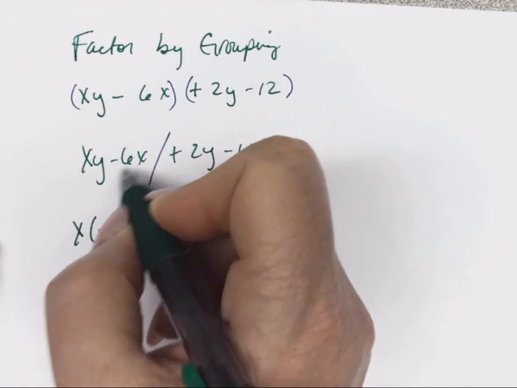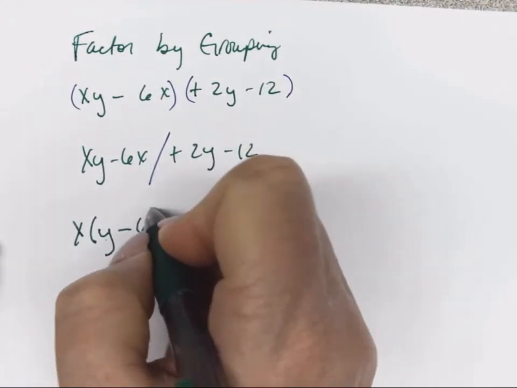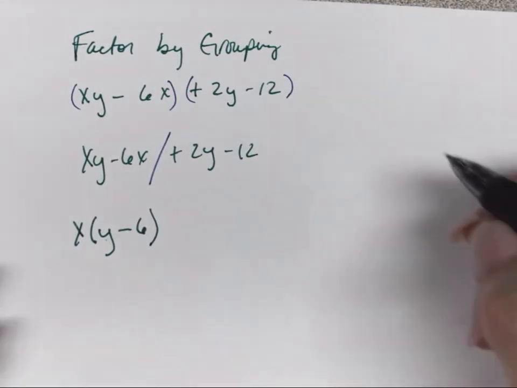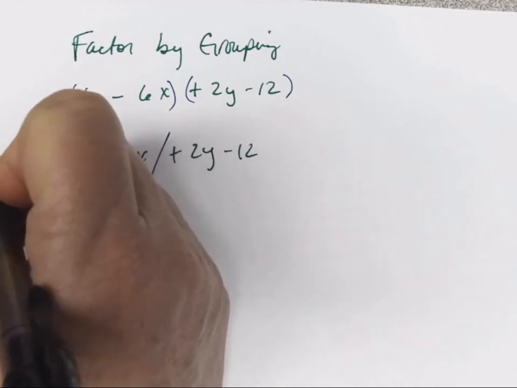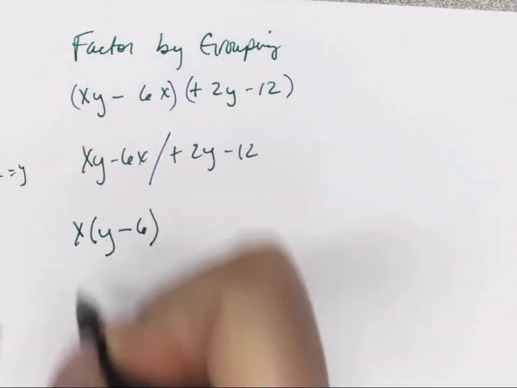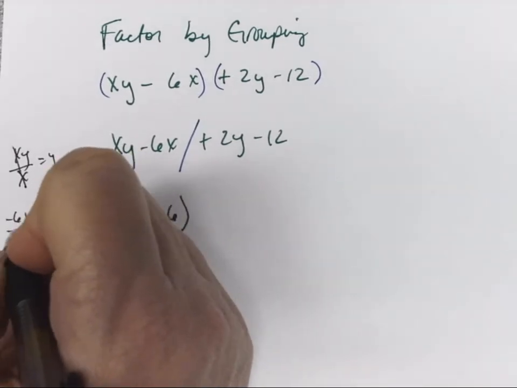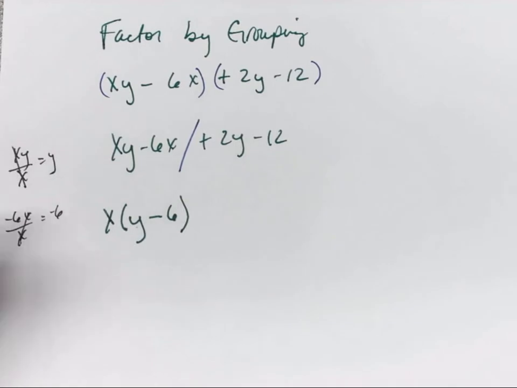And negative 6x divided by the x, where the x's will cancel out, we get negative 6. So again, you can take those terms off to the side. I can do xy divided by x and get left with y. And I can do negative 6x divided by the x I'm factoring, and I get negative 6. So you can always go off to the side to do that.